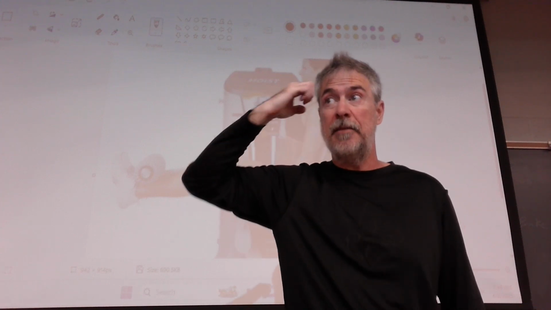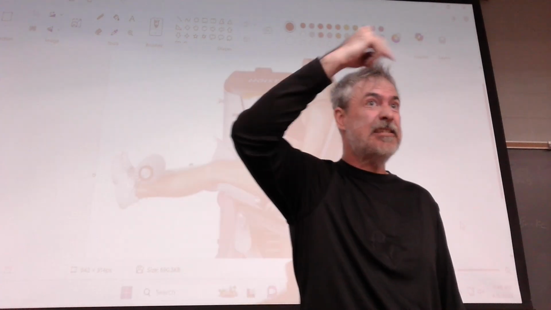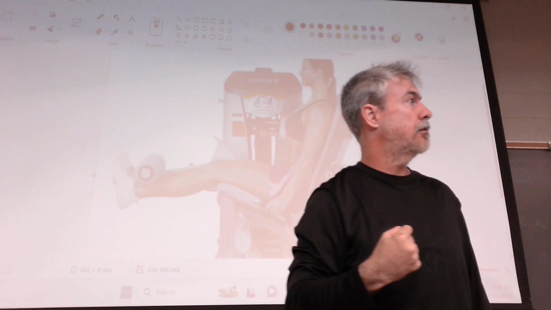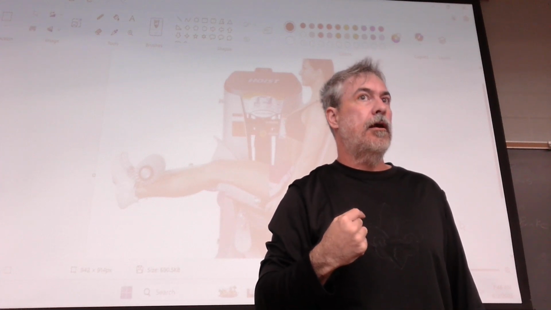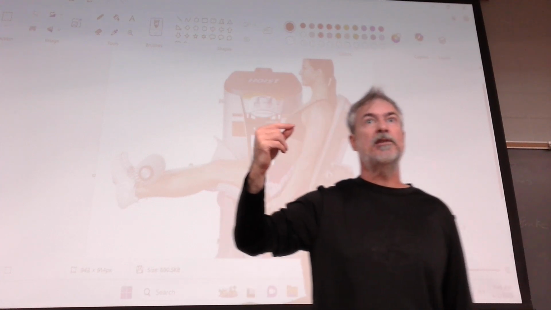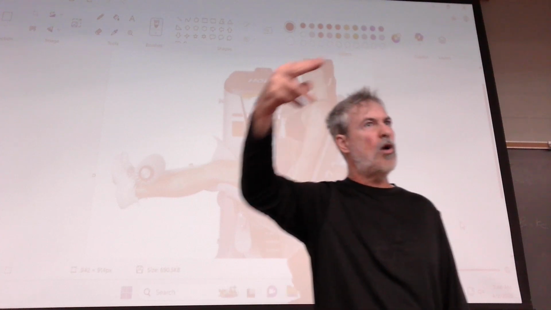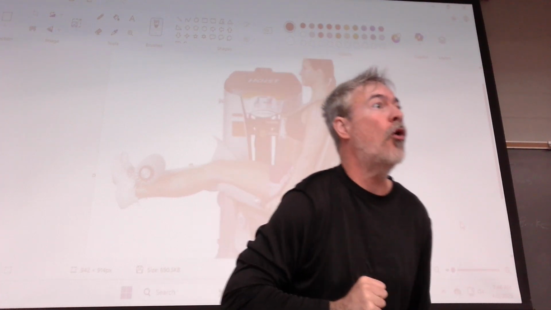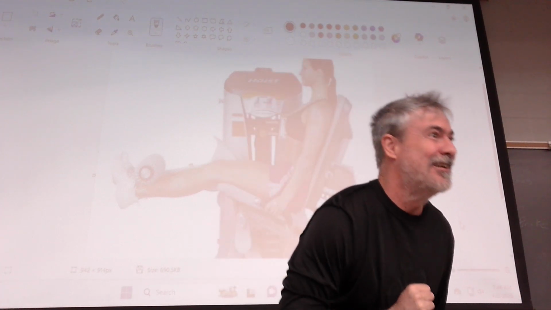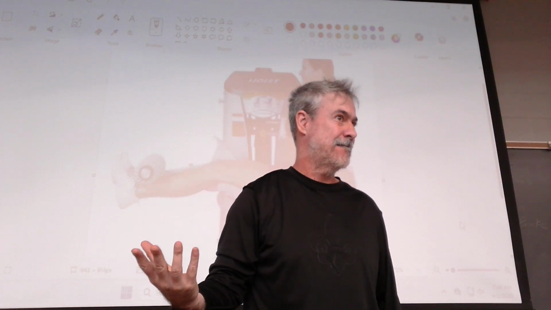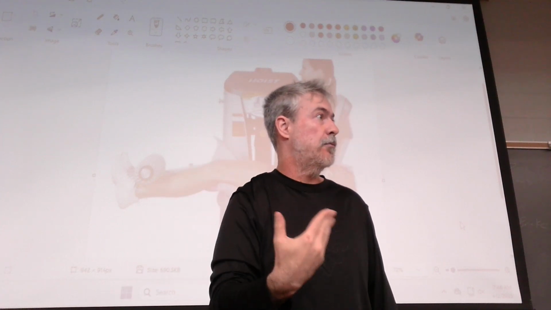Without us realizing it, it imprints extension means quads. And by default, sometimes that means, well, if extension means quads, well, then flexion must not mean quads. Flexion must be hamstrings. But you know darn well you're working the same muscles as you lower it down, as you bring it up, right? That's what we're re-educating our brains on.